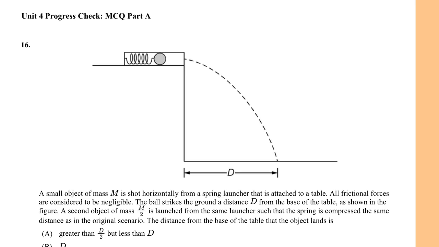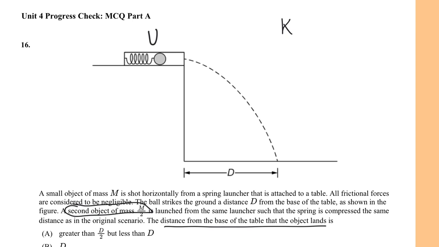So this object is launched from a surface. If it's launched from a surface, it's going to have some sort of potential energy and also spring potential energy, and then it's going to travel down and turn into kinetic energy. We want to find the distance from the base of the table as affected by the mass of the objects.